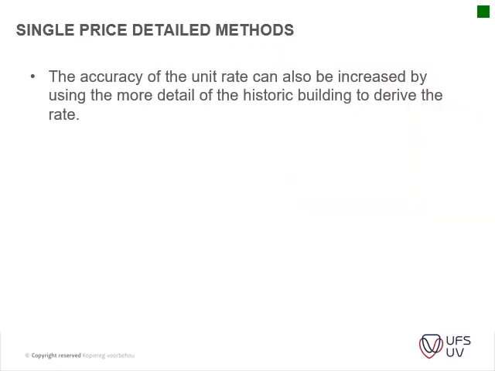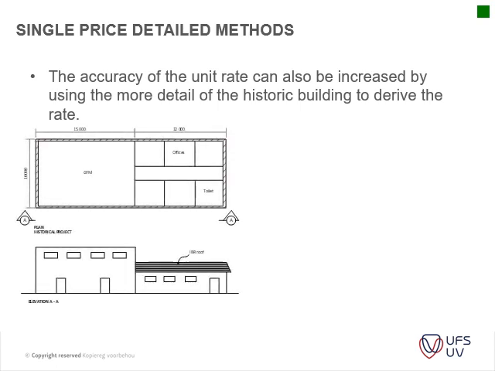Then you've got your single price detailed methods. This is what we've looked at. So the accuracy of the unit rate can also be increased by using more detail of the historic building to derive the rate. This is an example that I discussed in class, where you had a previous development that had certain elements towards a new development.